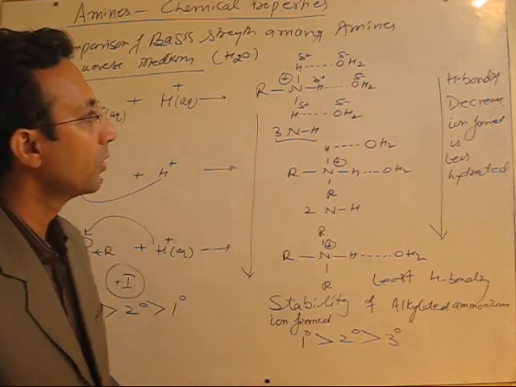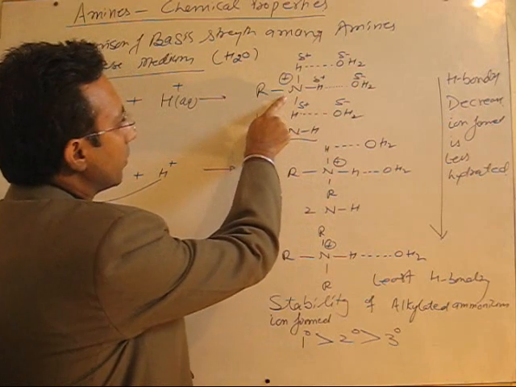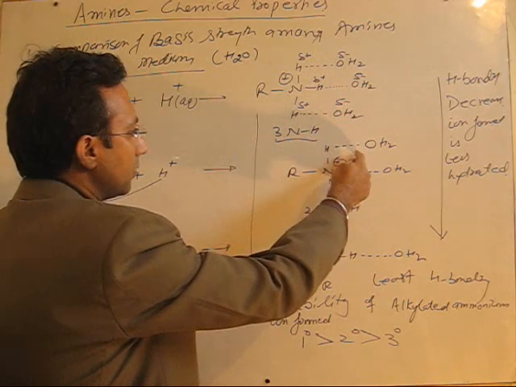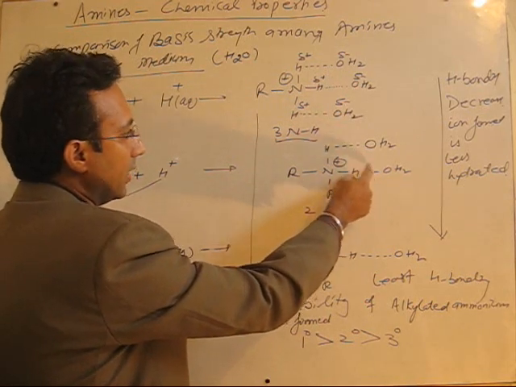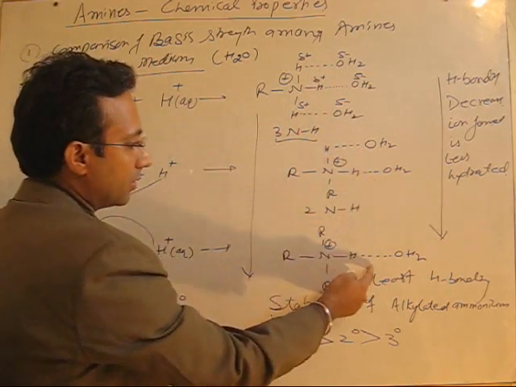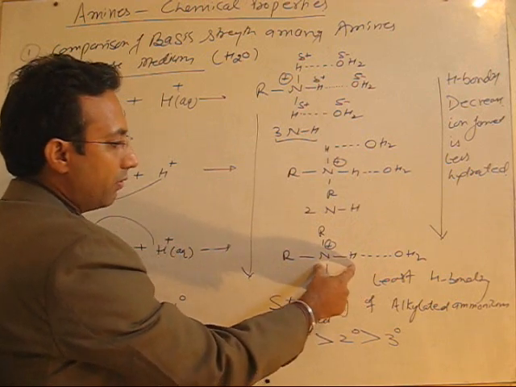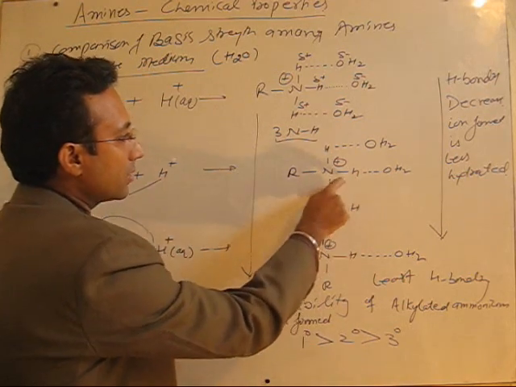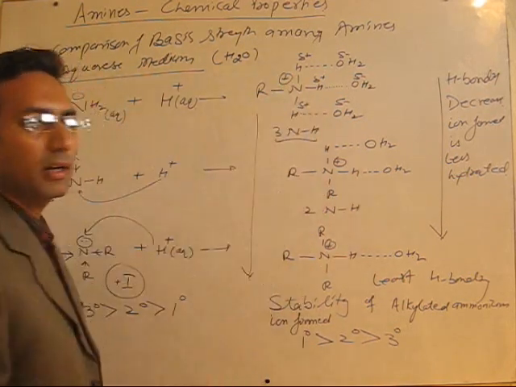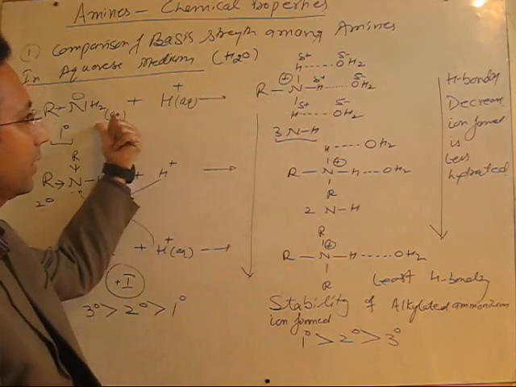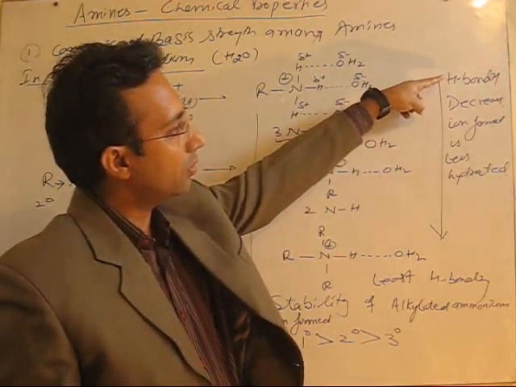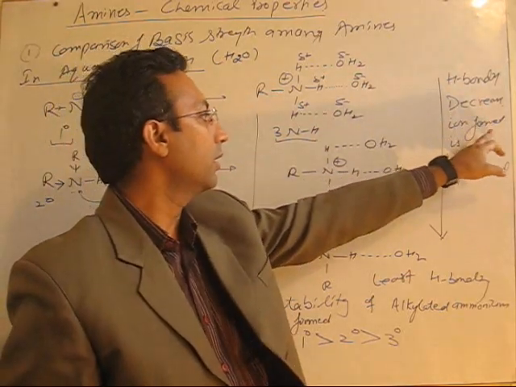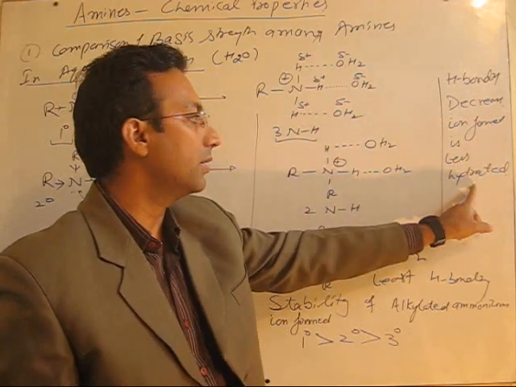Now just see, in the case of the conjugate ion formed by primary amine, there is more extent of H bonding, and as we go down, for the one formed by secondary, the H bonding extent decreases, and there is very little H bonding in the tertiary case. There are 3 NH bonds in the conjugate ion formed by primary, 2 NH bonds in secondary, and only one NH bond in tertiary. So the hydrogen bonding decreases and the ion formed is less hydrated.